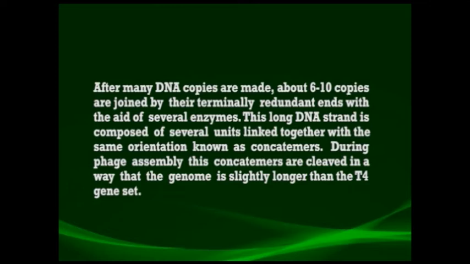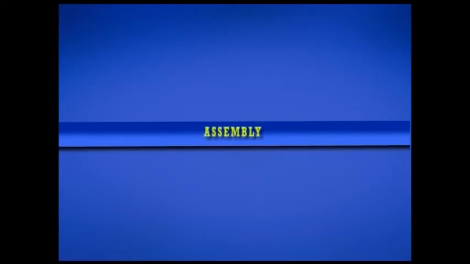This long DNA strand is composed of several units linked together in the same orientation, known as concatemers. During phage assembly, these concatemers are cleaved in a way that the genome is slightly longer than the T4 gene set. Now we'll see assembly.